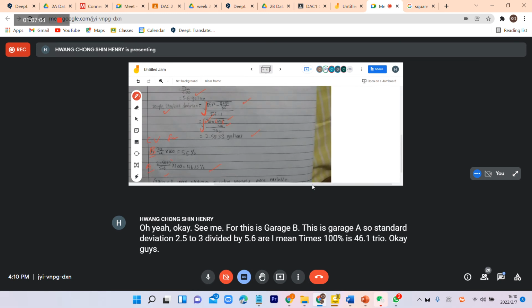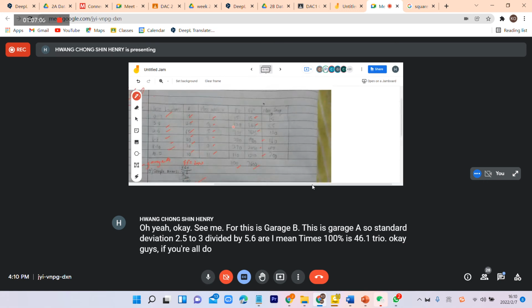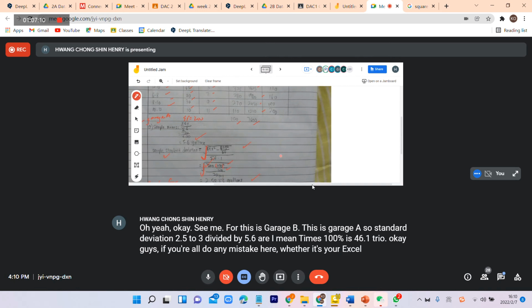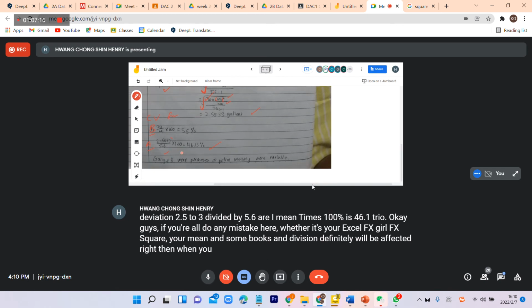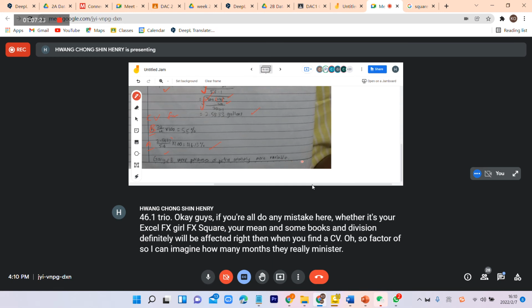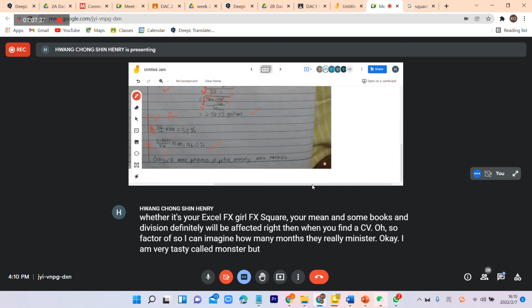Okay, guys, if you make any mistake here, whether it's your x column, fx column, or fx squared column, your mean and sample standard deviation will definitely be affected, right? Then when you find your CV, it is also affected. I can't imagine how many marks will be deducted. I believe they still get some marks, but not much left.